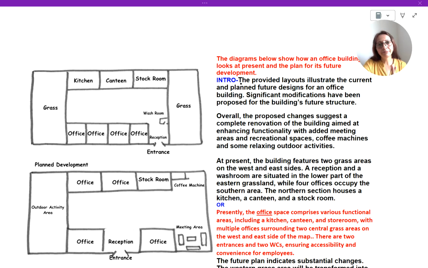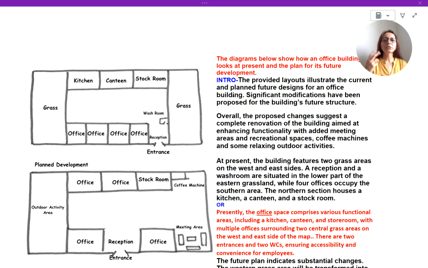So what I have written: the provided or the given layouts, instead of diagrams, I have written layouts, or you can write maps also. Instead of below I have written illustrate, the current instead of present, and the planned future. Illustrate the current and planned future designs. So these are designs only for an office building.